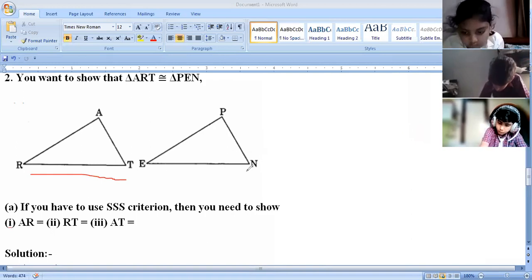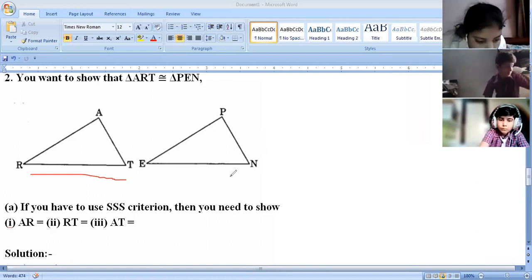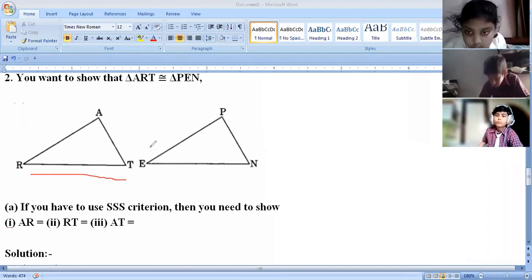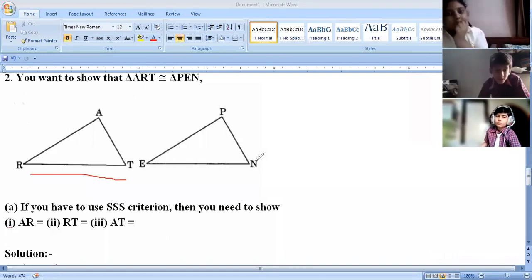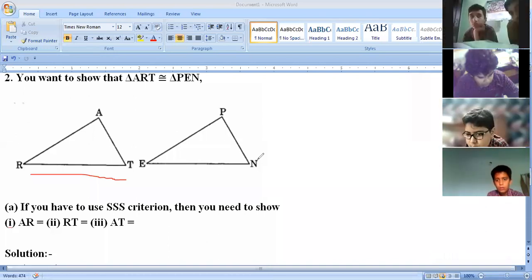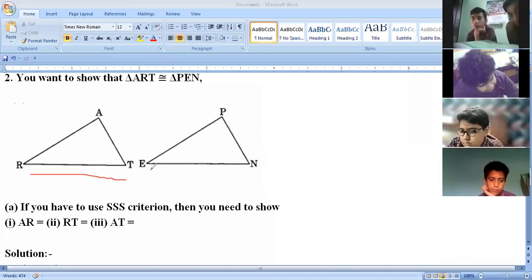From this triangle, RT side is equal to which side? AT, no, it's wrong. Kindly listen to the question carefully. Sharvil, tell me. Ma'am, EN. Yes, of course, EN. RT will be equal to EN.